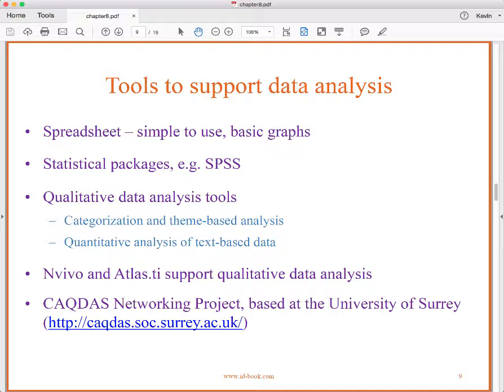There is a project called CAQDAS, based at the University of Surrey, which is a pretty extensive resource on these kinds of tools.